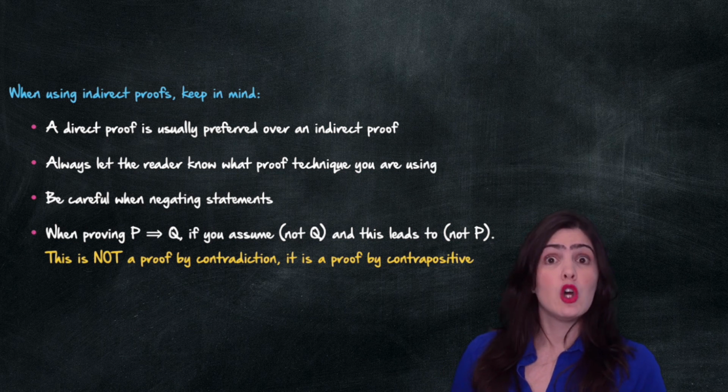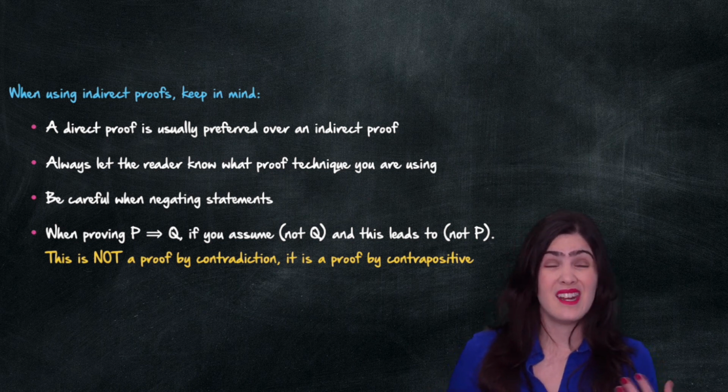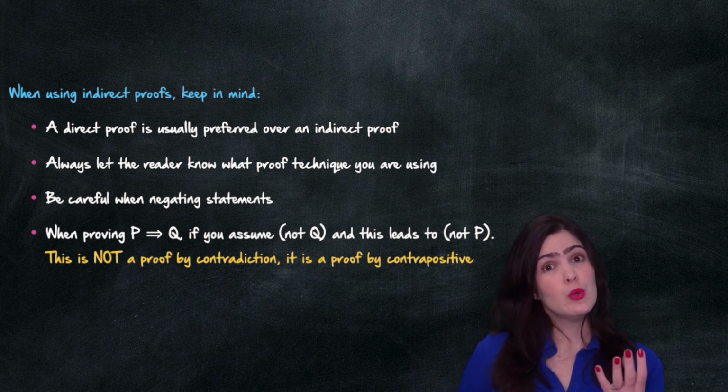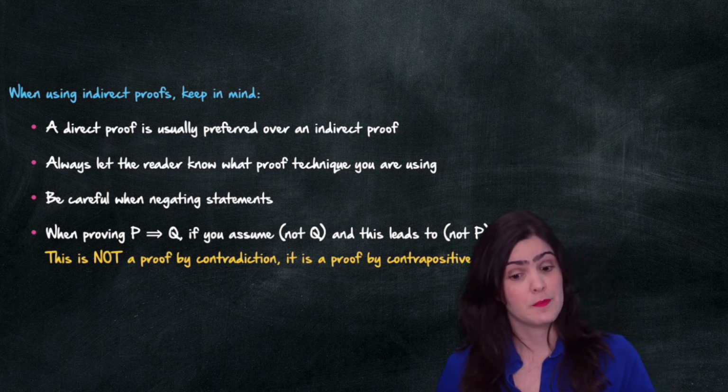It is a proof by contrapositive. So please make sure that you don't call something a proof by contradiction when in reality it is not. Whenever you assume not Q and you conclude not P, this is a proof by contrapositive, not by contradiction.